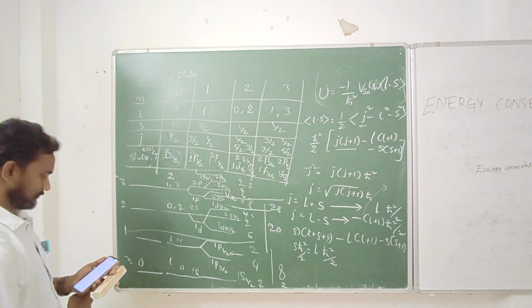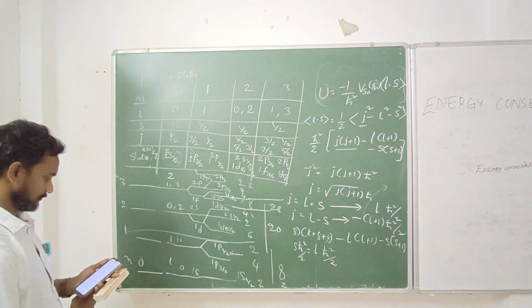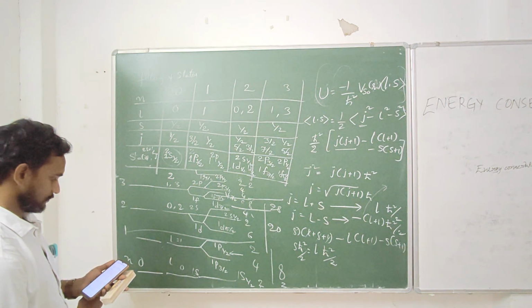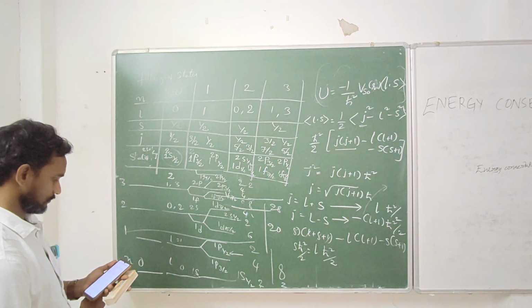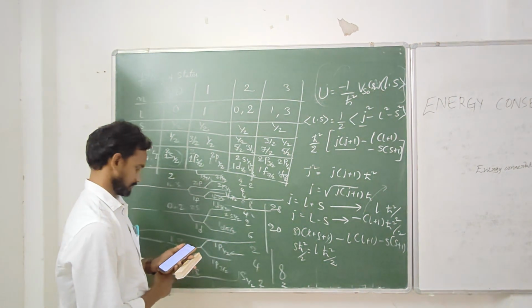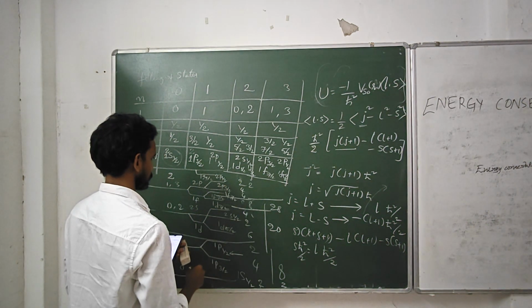Next one, so 4 plus 2 plus 4, 1g 9 by 2.